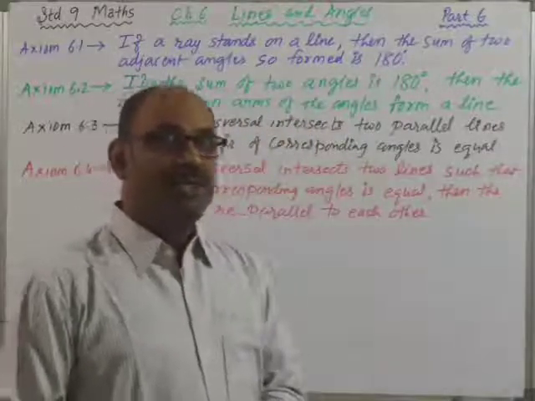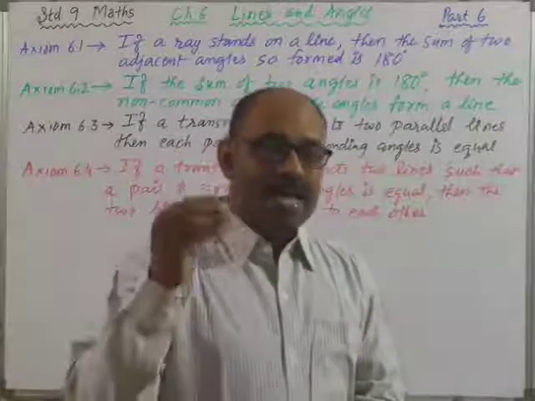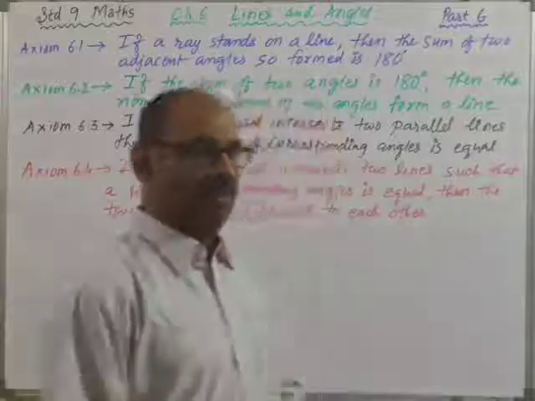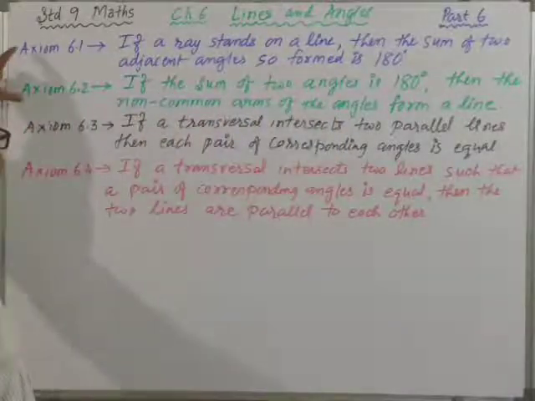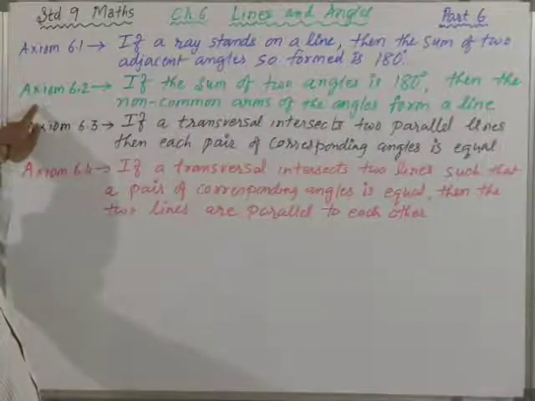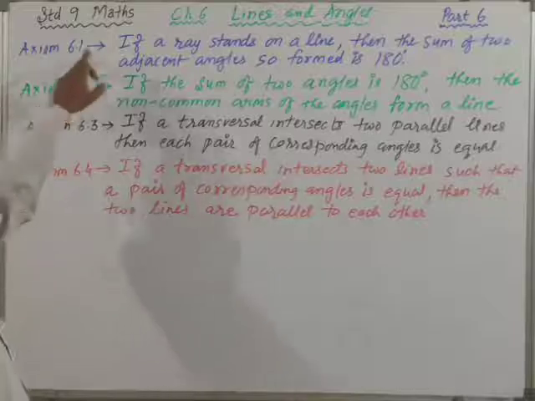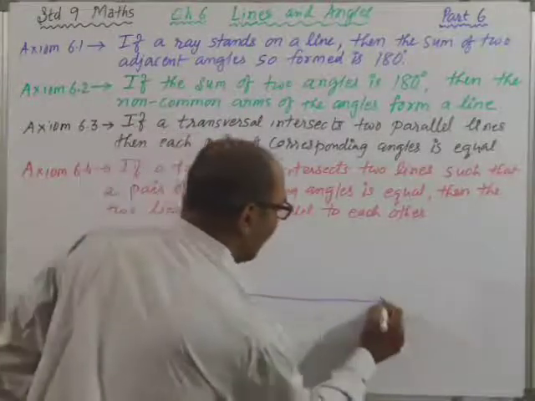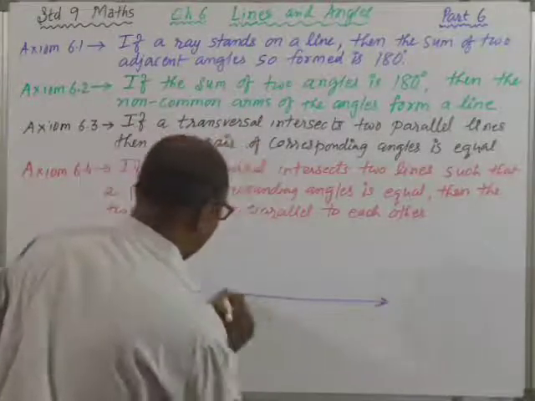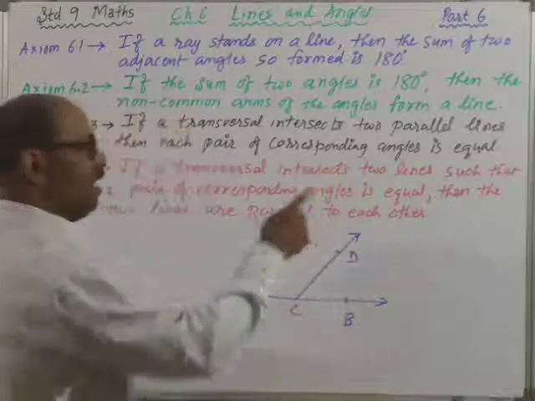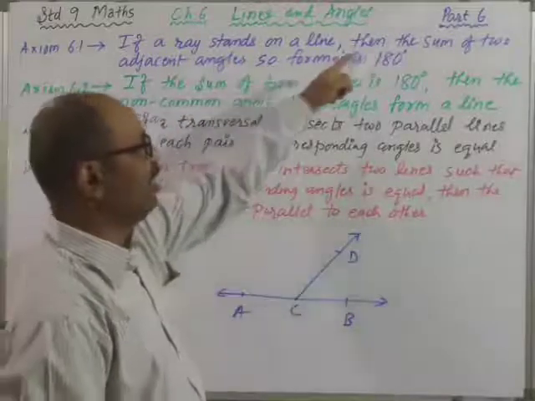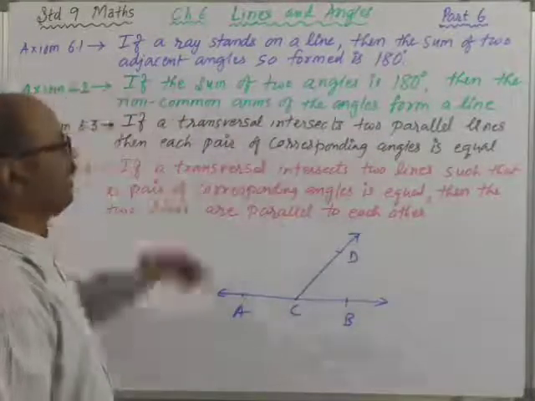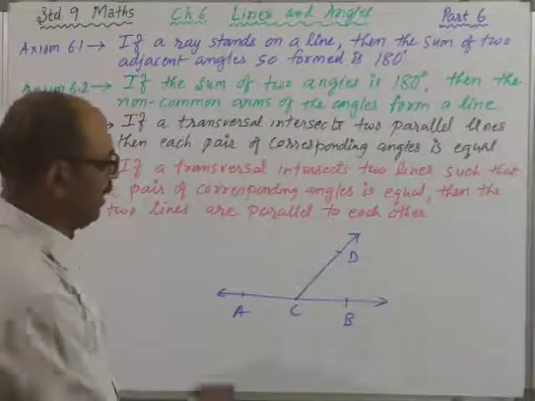We are going to see two more axioms next. Two we had already seen, we'll revise them. Axiom 6.1 and 6.2. What was 6.1? If a ray stands on a line, here is one line, let's say AB, and this point here, C, and a D. Ray CD stands on line AB, then the sum of adjacent angles so formed is 180.